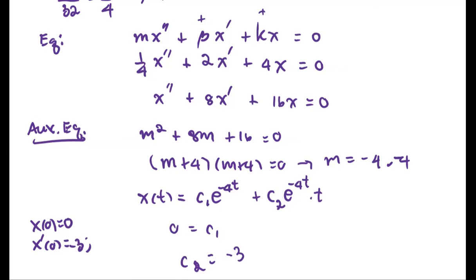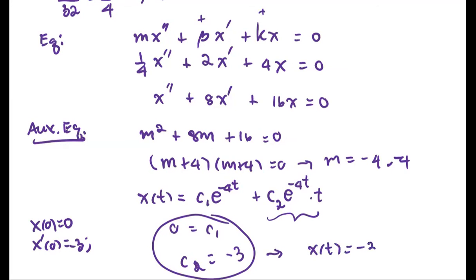Since c1 is gone, you don't have to worry about it, so it's pretty much based on the c2 term. Therefore, the equation of motion is x of t equals negative 3 times t e to the negative 4t.